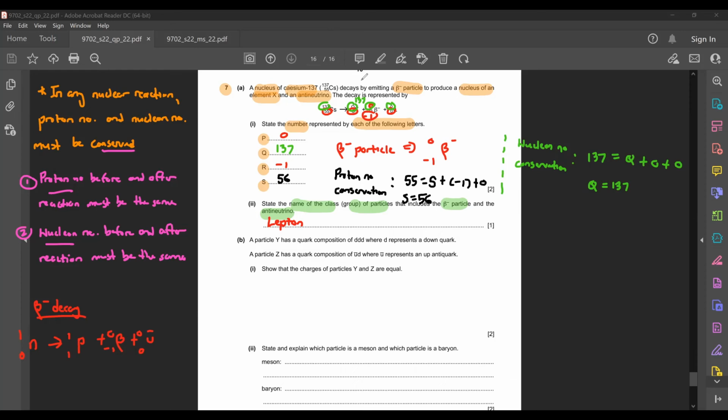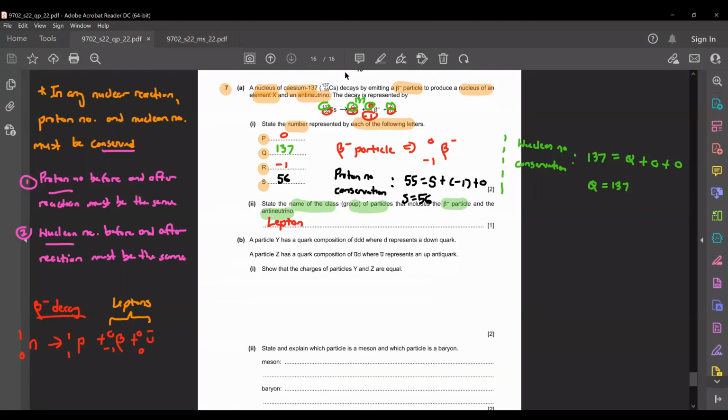Okay, so your leptons are actually these two particles right over here. Let's check the answer again. It is leptons.